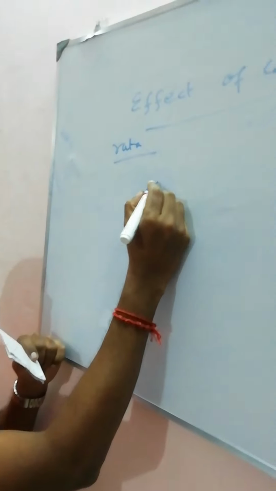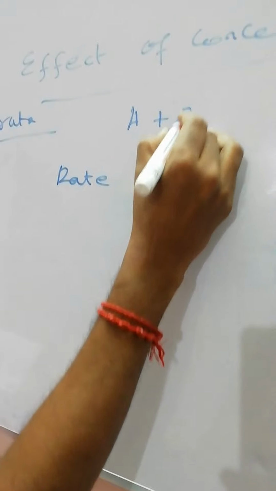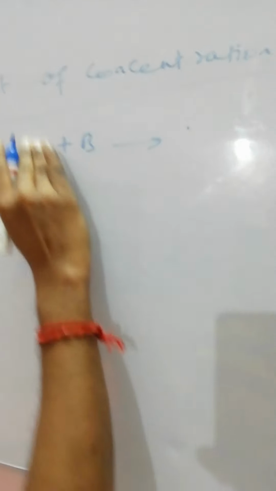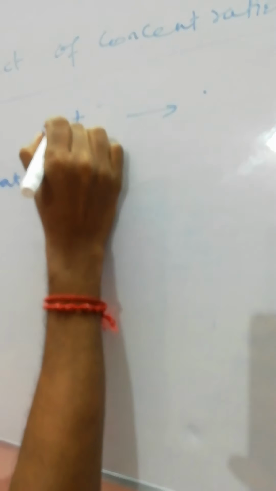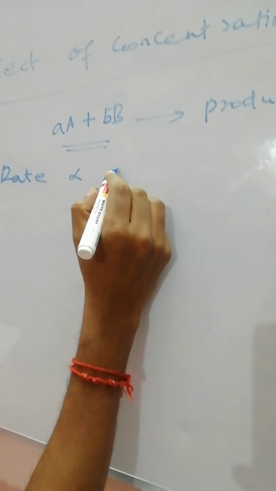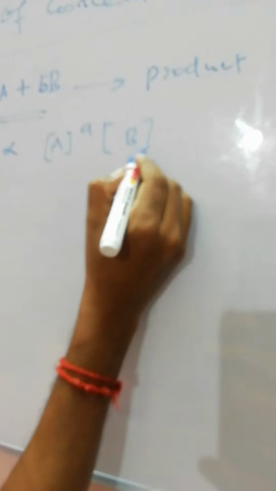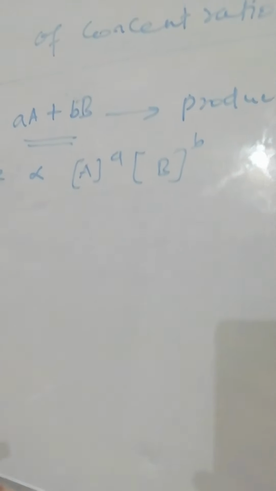Let us see. For aA plus bB giving product, rate is directly proportional to the concentration of reactants, so [A]^a [B]^b. The square bracket, I told you, means molar concentration.